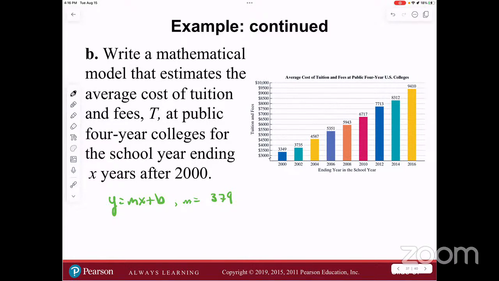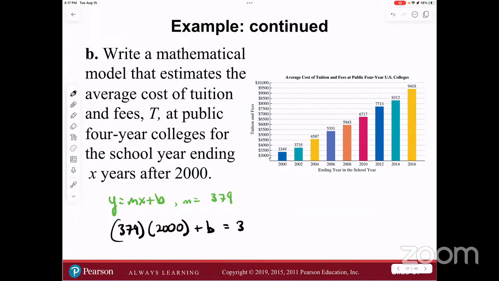So let's see. For a slope of 379, for the first year being 2000, whoops, that's not a 2000. We're solving for b. The corresponding tuition and fees is 3349. Okay.